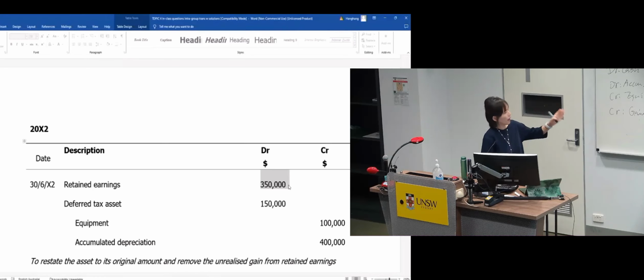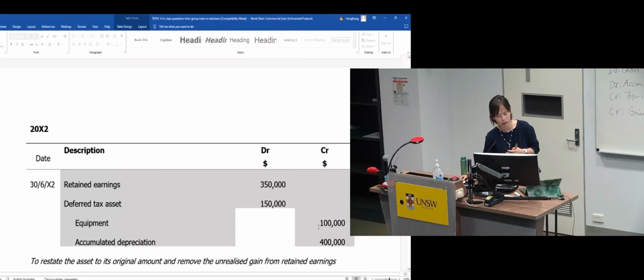So simply 500,000 multiplied by 70%. And the prior year recognition of DTA, we just need to repeat that line. And the prior year adjustment of the equipment cost and accumulated depreciation, reinstate the accumulated depreciation balance of 400,000. Again, just copy that down.